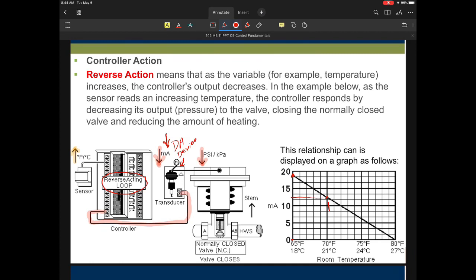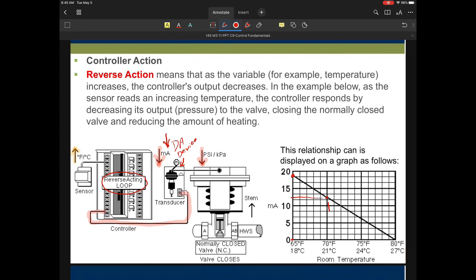So we're down to maybe 12 and a half milliamps as an example, and that's just simply closing. Now in this example, we're showing a normally closed valve, and this is one of those where we have to look at saying, okay, how is this going to work?